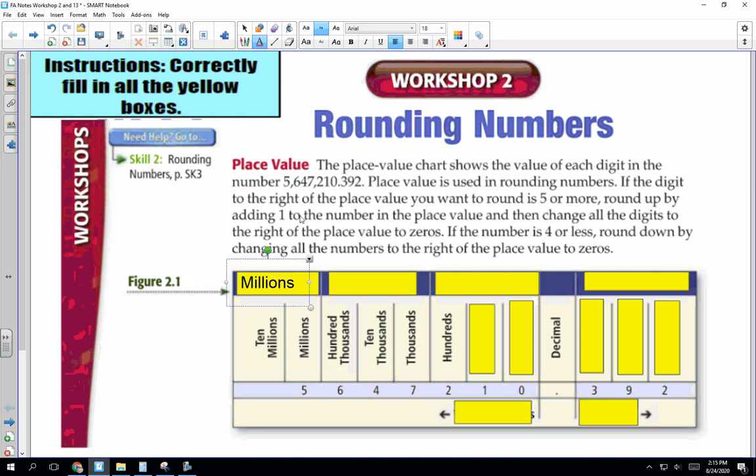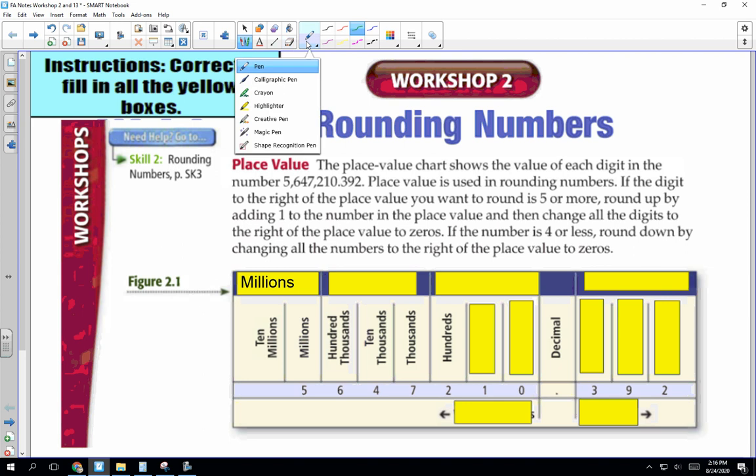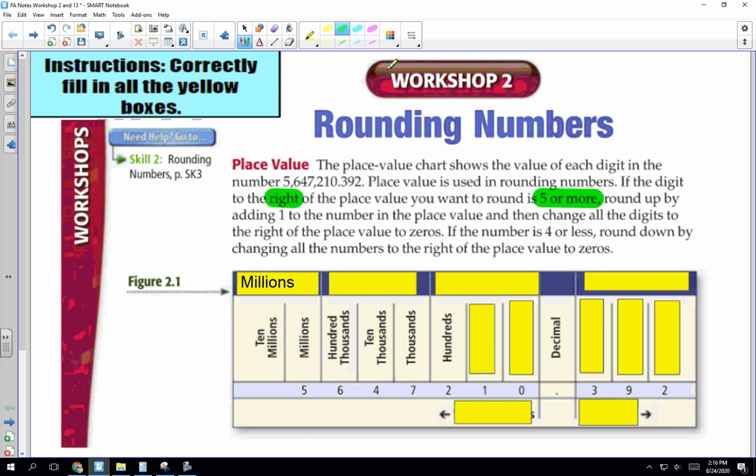If the digit to the right of the place value you want to round is 5 or more, and I'm going to highlight that, so the digit to the right is 5 or more, you round up by adding 1 to the number in the place value and change all the digits to the right to zeros.